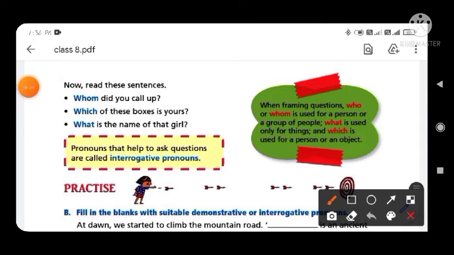It means who is used to refer to a person, which is used to refer to persons and things, and what is used only for things. These interrogative words are used in different ways, like who or whom, which is used for a person or a group of people.